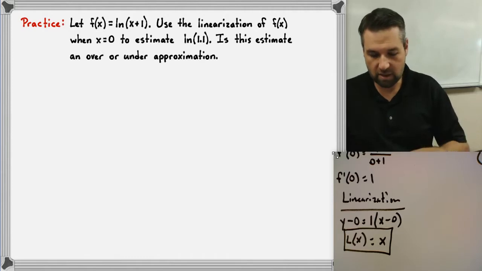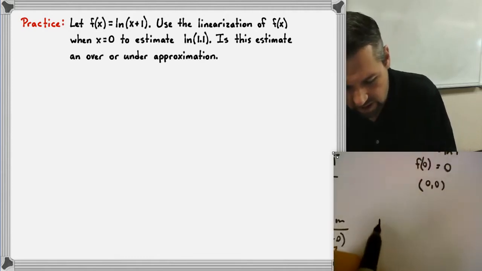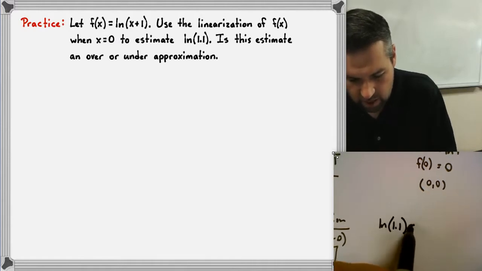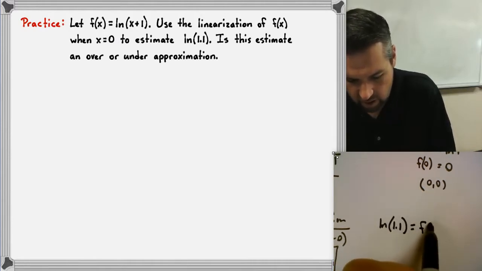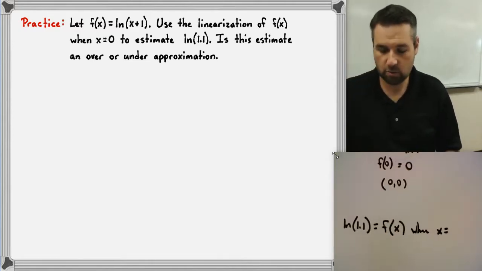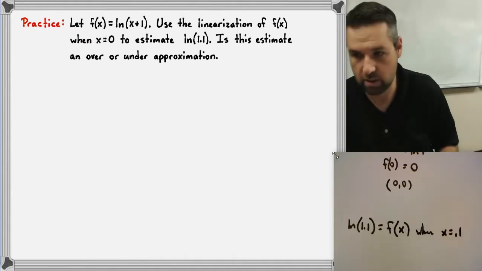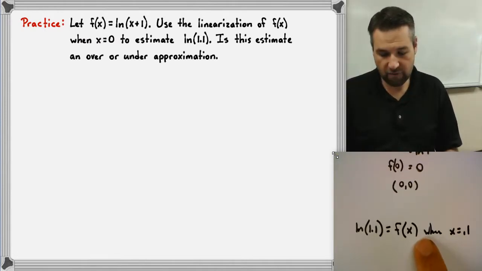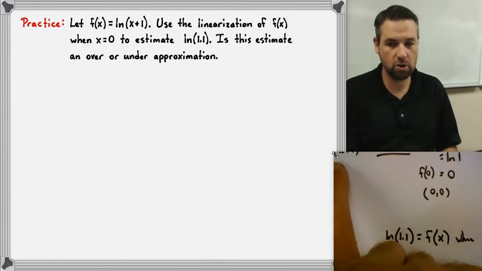So we would say something like this. We would say the natural log of 1.1 is equivalent to f of x when x equals what? When x equals 0.1. Because f of 0.1 would give us the natural log of 1.1.